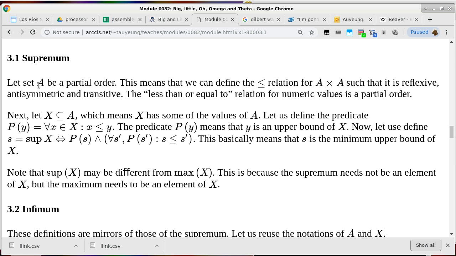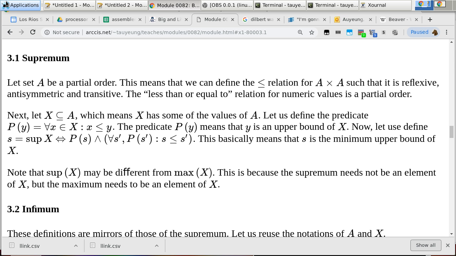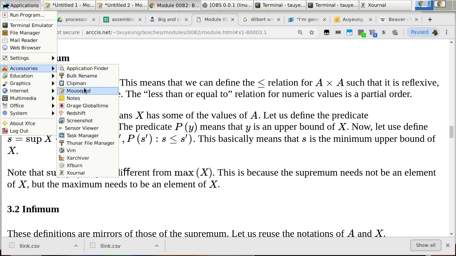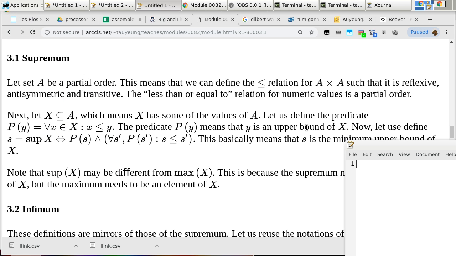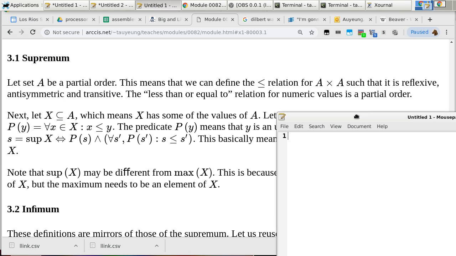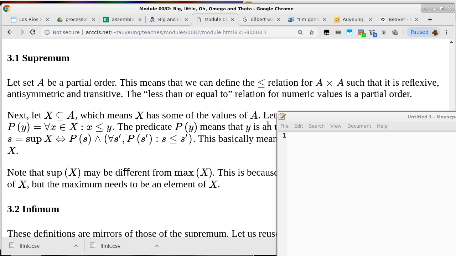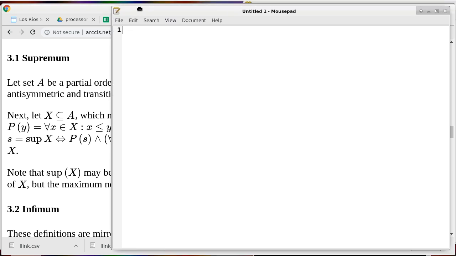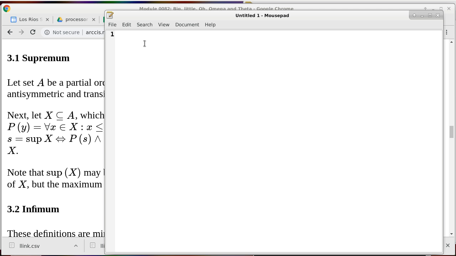So if P of Y is true, then Y is an upper bound. But you can find an upper bound that is not particularly useful. So I'll give you an example. Today we'll use more examples to illustrate the concepts. So if I define P of Y the same way as here, then we'll take a look at what happens when we define X with certain specific examples.